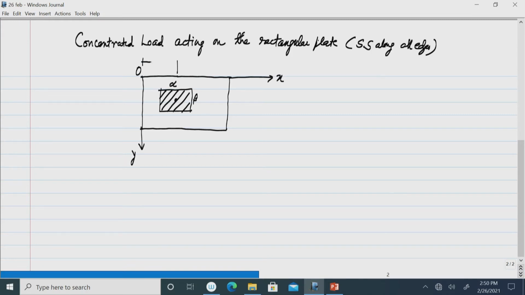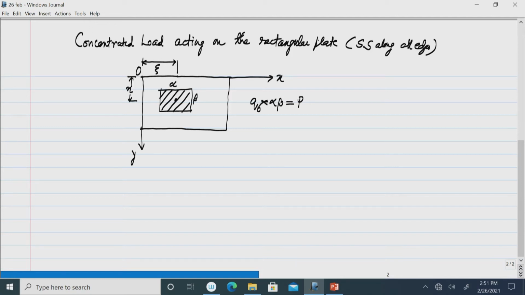The x coordinate is xi and the y coordinate is eta. So, these are the parameters involved, and the intensity of the loading is Q naught, such that Q naught into alpha beta will give you the total load P. Now, with the help of this expression, we have derived earlier the expression of the deflected surface.